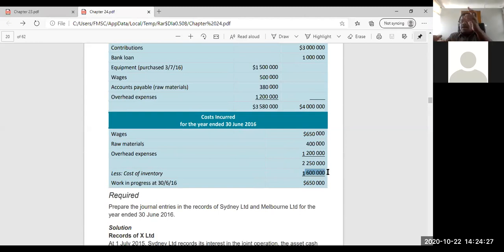So thereby 1,600 minus 200, 1,400 has been distributed. Are you clear what I'm telling? 1,600 is the inventory, right? 200 is the balance sheet inventory. That means 1,400 has been distributed among the operators. So thereby equally 2 divided by 2, that is 700.